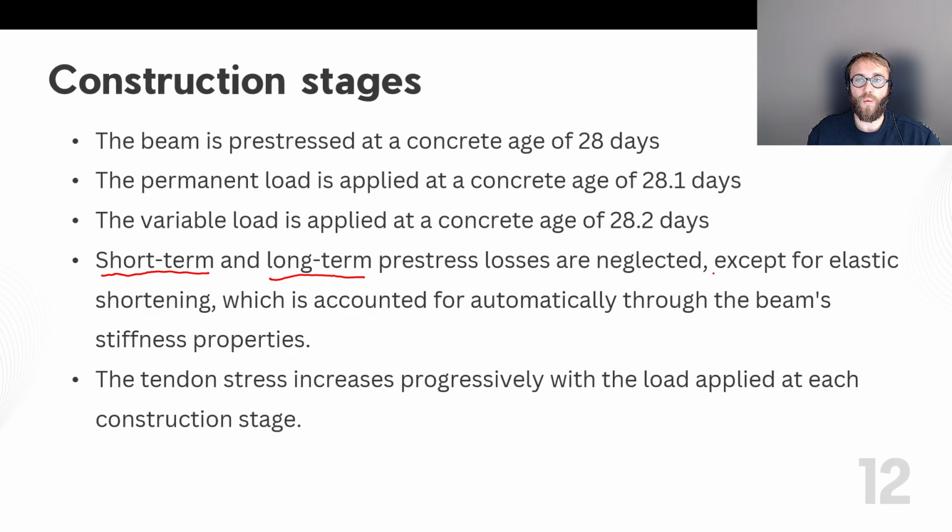And what remained is only the elastic shortening, because this is a property of the beam itself. If the beam has some stiffness and you pre-stress it, it will make some shortening of the structure because of the deflection. So the tendon will also experience some losses that you're not able to easily eliminate.